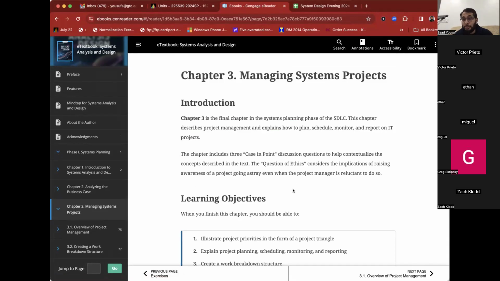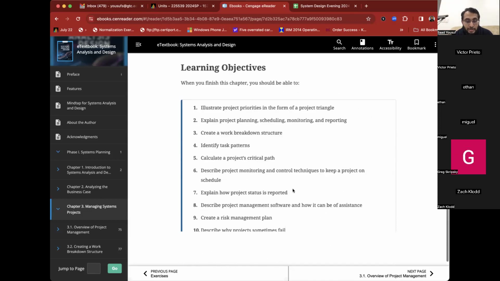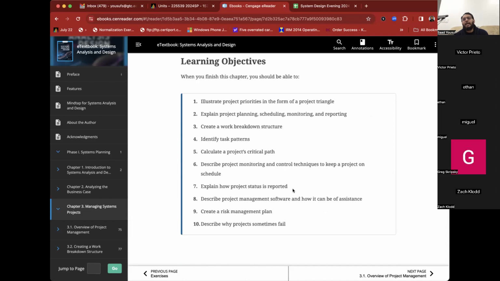So in this chapter, you will learn a little bit about project management alongside some of the roles of a systems analyst. So it's a blend of the two things. You will see some of the things that are very much related to the job of a project manager. And then I will ask you guys to go over a few things as activities also.